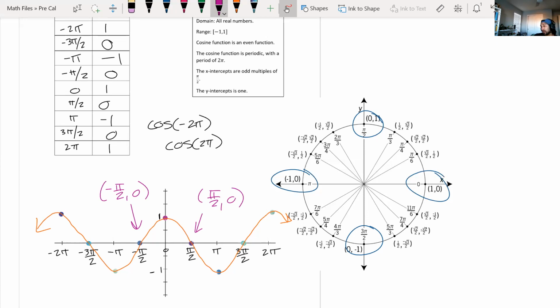And by the definition above, we see that the x-intercepts happen at odd multiples of pi over 2, and you have a y-intercept at 1.